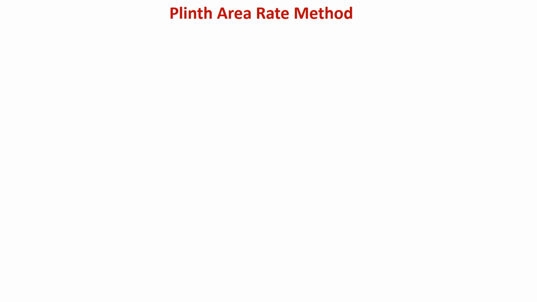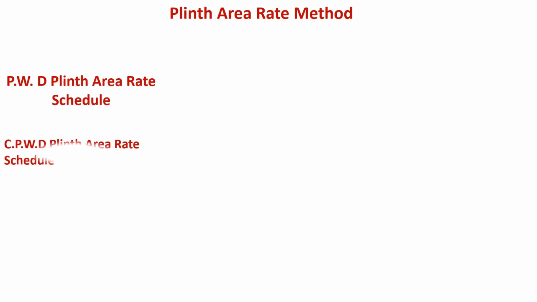Then coming to the last approximate estimation method, and that is the most important method and the most frequently used method in the field, that is the plinth area rate method. So here, what is plinth area?